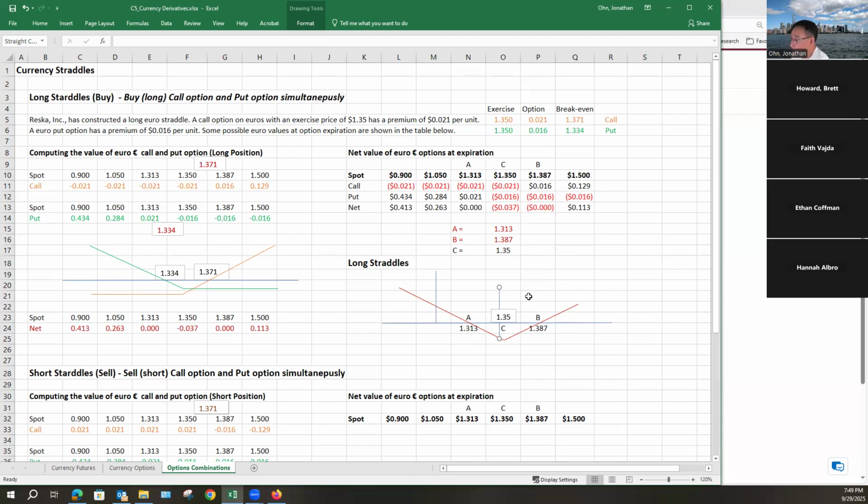But if it turned out not to be volatile, concentrated around the strike value, then you lose money there. You see that? So this is the best strategy when your projection is a highly volatile movement of the euro.